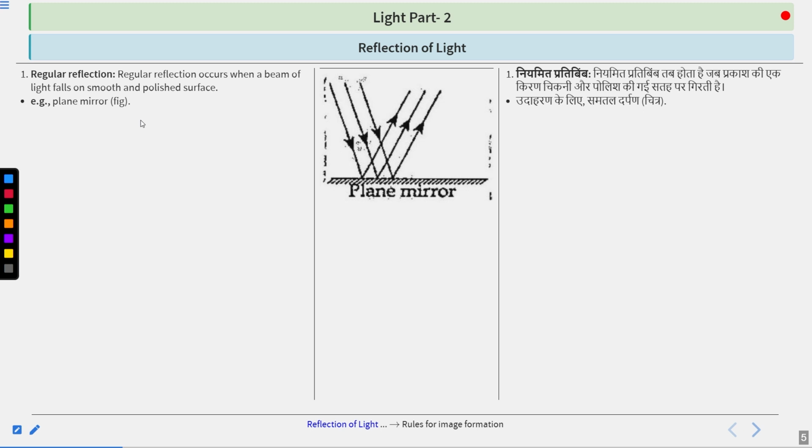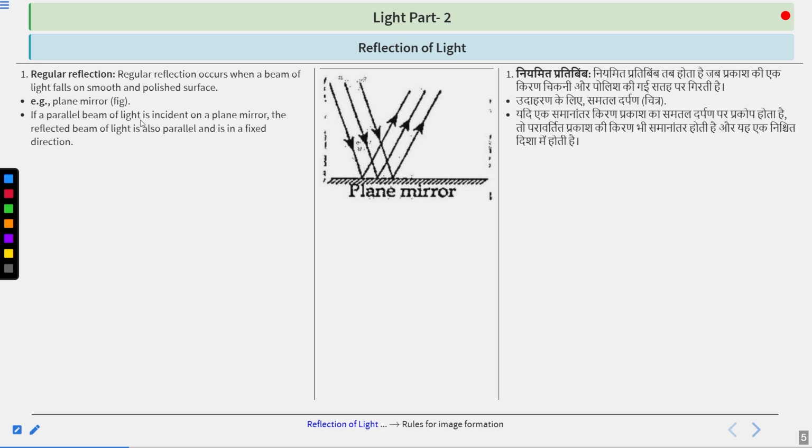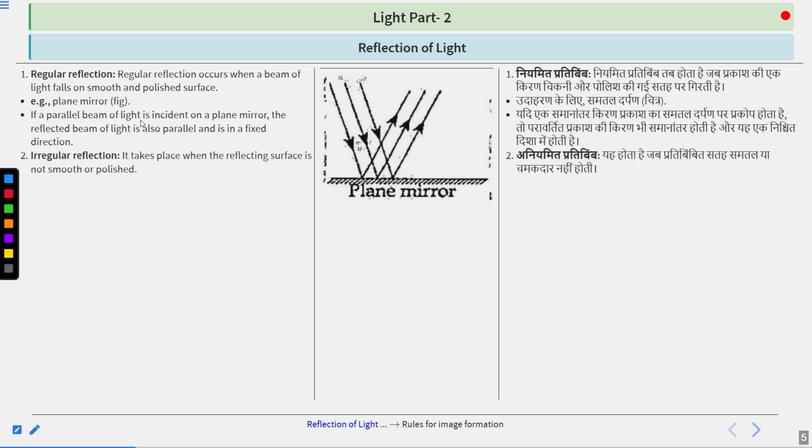Example: plane mirror, etc. If a parallel beam of light is incident on a plane mirror, the reflected beam of light is also parallel and in a fixed direction. For example, this is the plane mirror. The surface of the plane mirror is a smooth and polished surface.